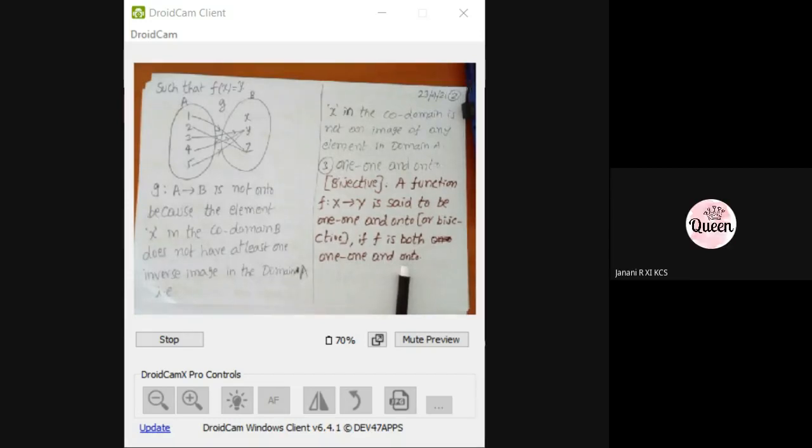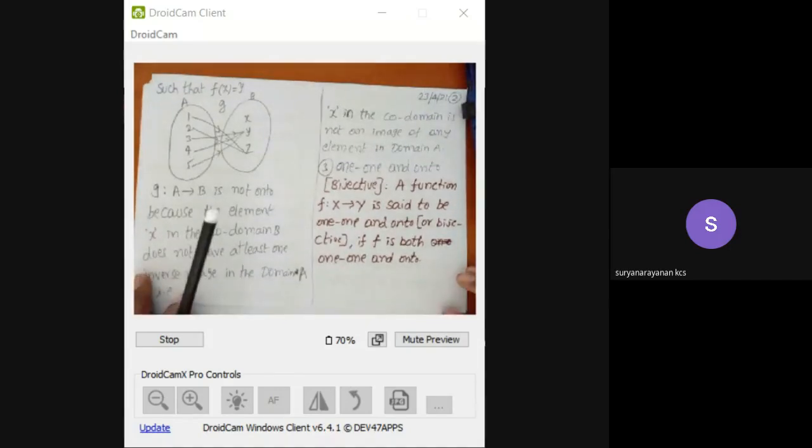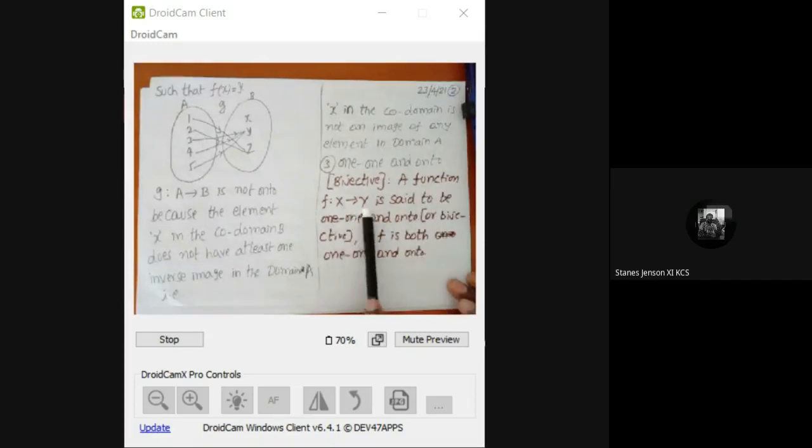A function f is mapping from x to y is said to be one-one and onto or bijective if f is both one-one and onto. Next, Staines Johnson. A function f is mapping from x to y is said to be one-one and onto or bijective function if f is both one-one and onto.